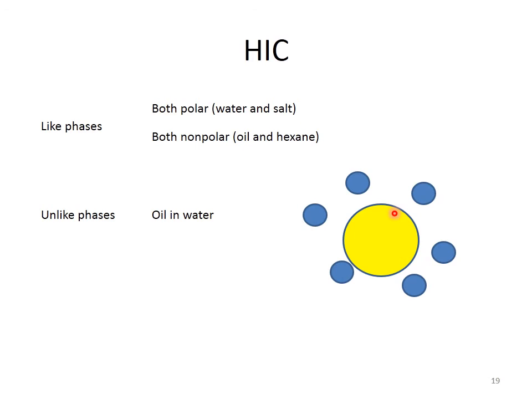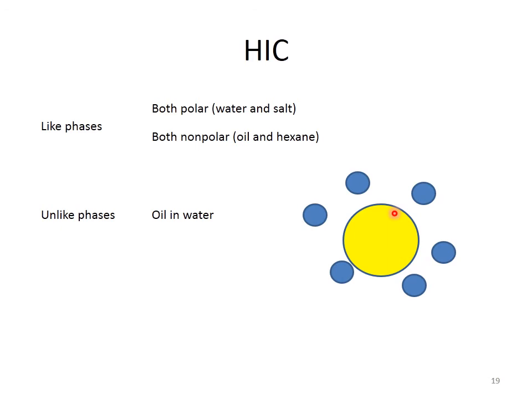So this illustration is an example of hydrophobic interaction. So when we have unlike phases, there are hydrophobic substances or non-polar substances present in a polar environment. The non-polar substances are unable to interact with water molecules, so they are forced to interact with one another. This is called hydrophobic interaction.